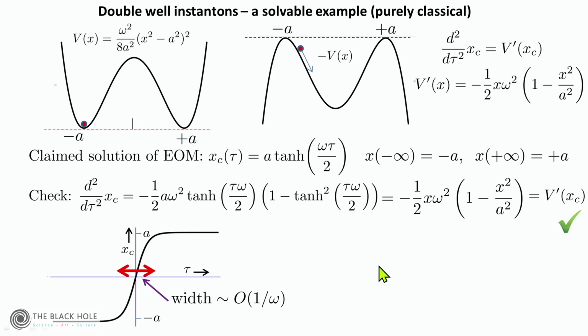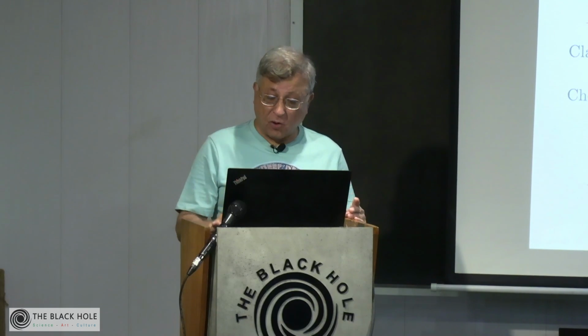Now, you can see from this omega tau over 2, when this becomes of order 1, then it approaches the asymptotic big or asymptotic small. And so this width over here becomes order 1 over omega. If I make omega big, that width becomes small.